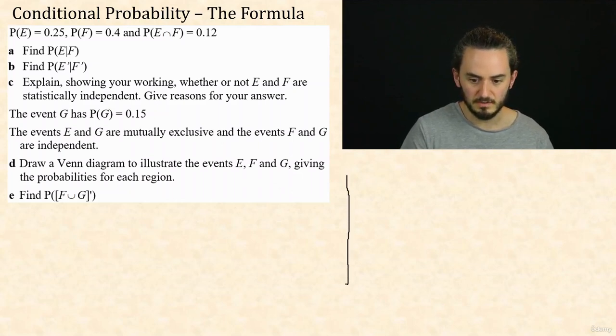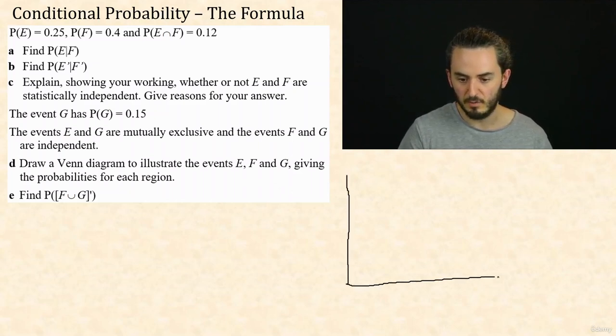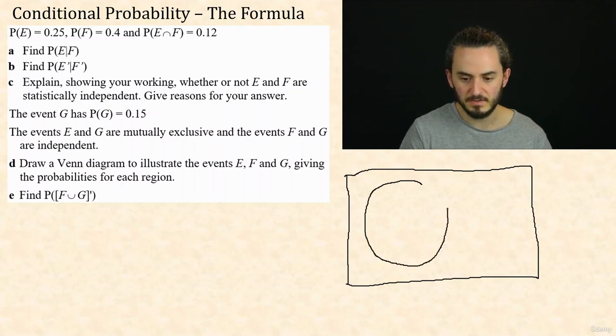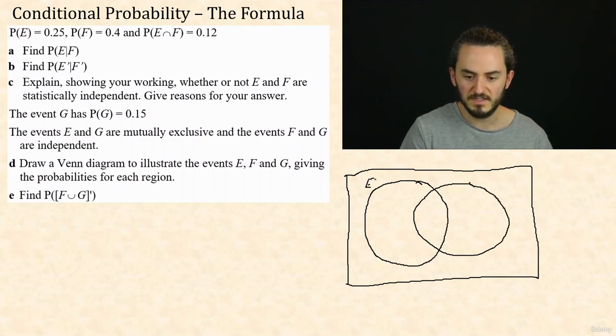There are only 2 events for now. I can see another one coming up later on in the question, but for now, we can get this all into one Venn diagram just with 2 regions. So here is E and here is F. And what's our information? Well, the first thing I can write in is that the intersection here is 0.12.